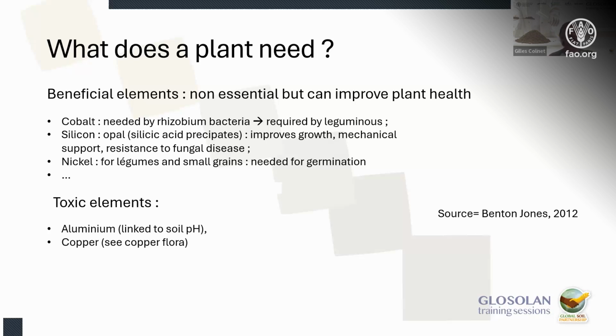Also, nickel is now recognized as a beneficial element for legumes and small grains, as it could be needed for germination. And then you have the toxic elements. The most recognized are aluminium, which is linked to the soil pH.